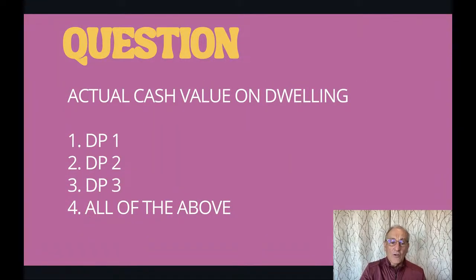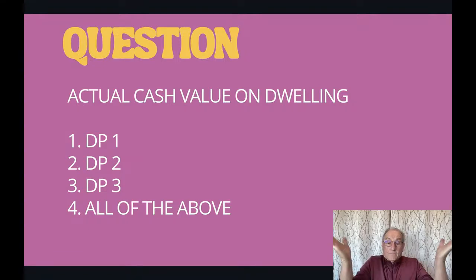Actual cash value. Which policy has actual cash value on the dwelling? 1, 2, 3, or all of them? No idea?